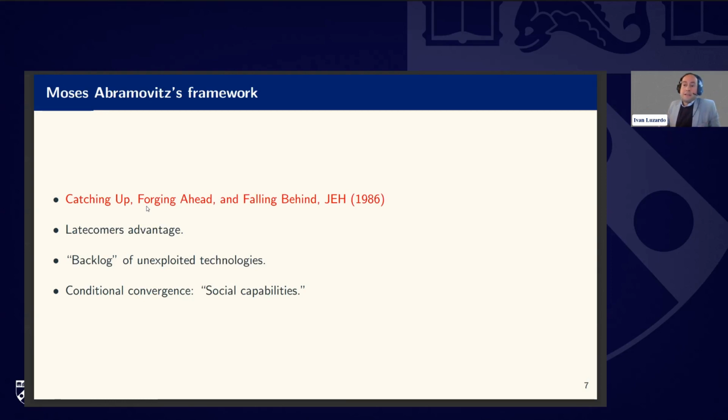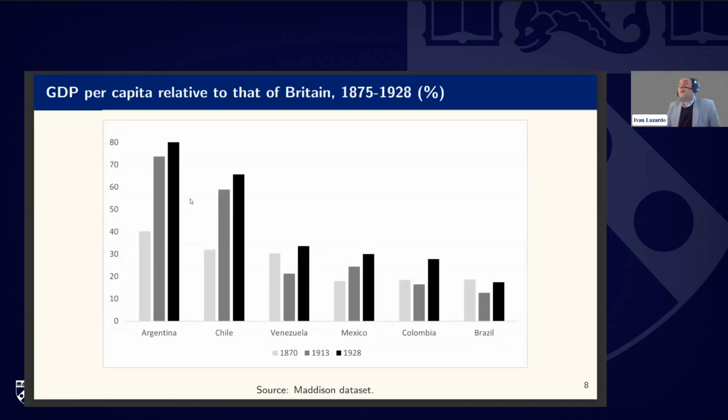And social capability, which is a very ambiguous concept, is essentially the right institutions, a financial sector, and certain preconditions. We can examine how these social capabilities were achieved by Latin American countries during this period in order to understand the economic convergence.